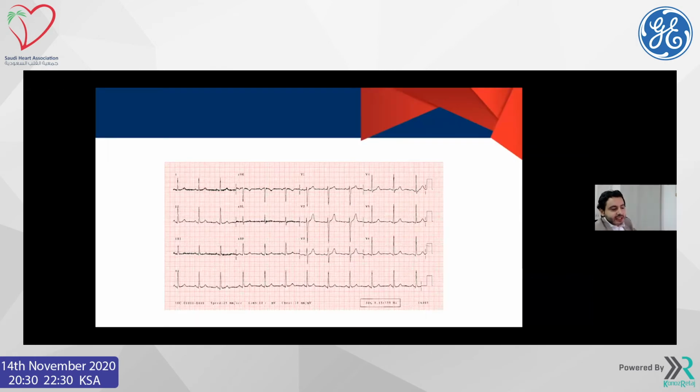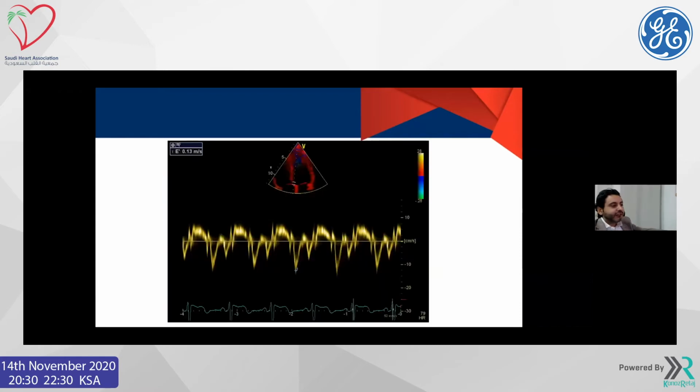However, I looked at the ECG. This is his ECG. You don't really expect this ECG in those types of patients. And then speaking echocardiographically, if you have a very good relaxation velocity, you really have to reconsider your diagnosis one more time. I don't think this guy has the criteria for hypertrophy.